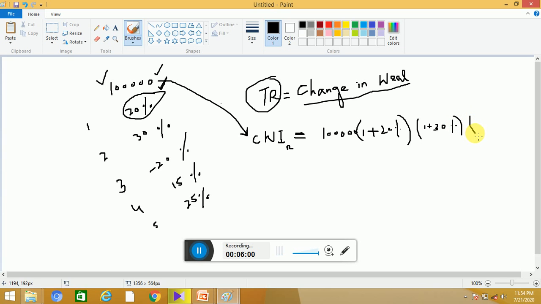Then 1 minus 20%, because there is a loss. Then 1 plus 15%.